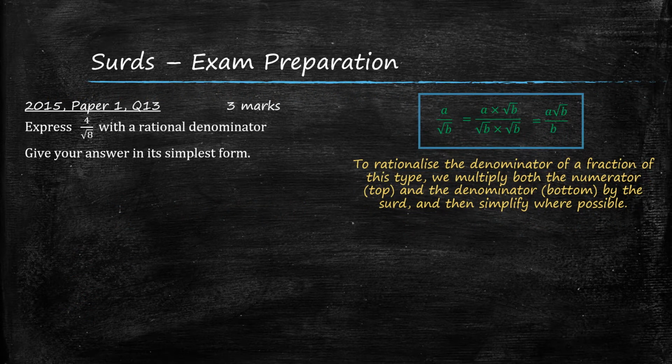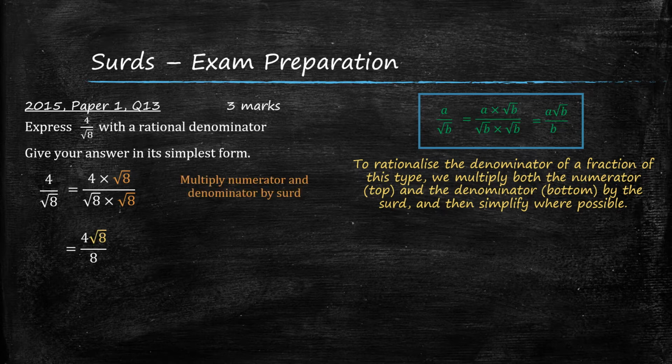Okay, and our next example is from 2015, paper 1, question 13, and is for 3 marks. Express 4 over root 8 with a rational denominator. Give your answer in its simplest form. So let's multiply both top and bottom by the surd that's on the bottom. So that's 4 times root 8 over root 8 times root 8, which gives us 4 times root 8 over 8.